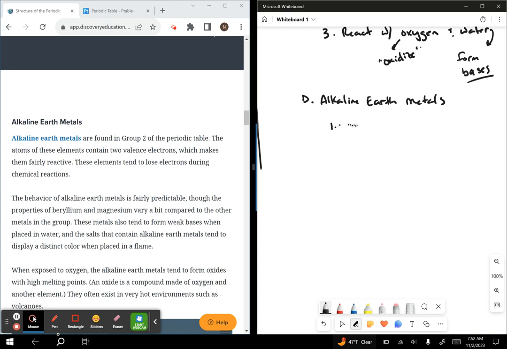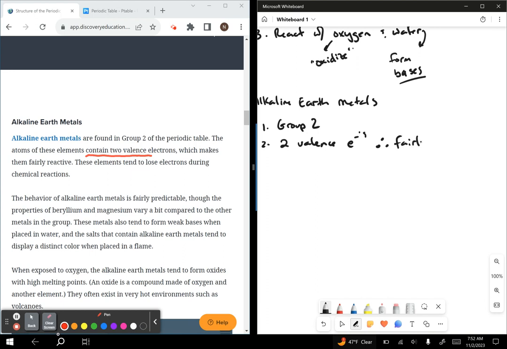These are going to be your group 2. They contain 2 valence electrons, of course. Therefore, they're fairly reactive, often losing the electrons in chemical reactions.